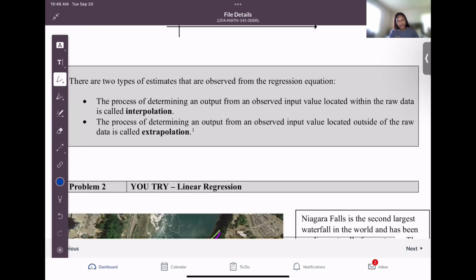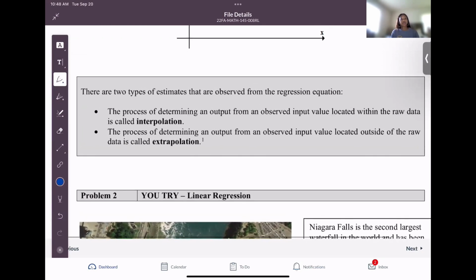So two very important terms that we need to know when we're dealing with regression problems. Like what we just did a second ago, where we evaluated the regression equation at 6, that is an example of something called interpolation. There are 2 different types of estimates that we get, interpolation and extrapolation. It depends on what value you're plugging in. If you're plugging in an input within the interval of inputs that you're given, then it's called interpolation.